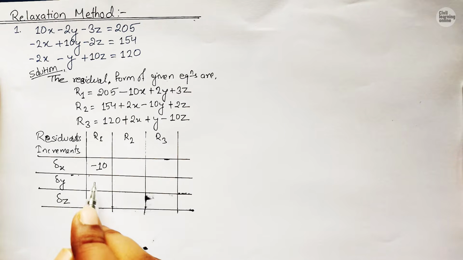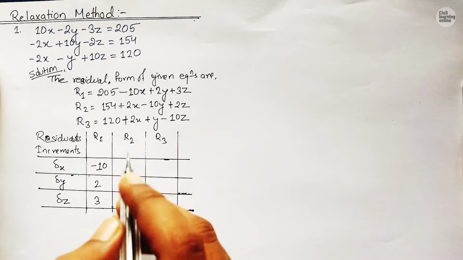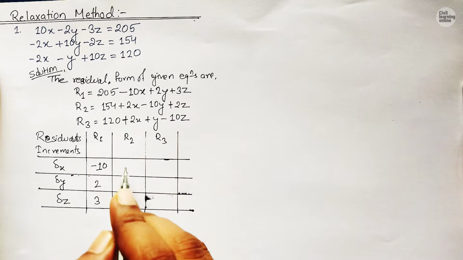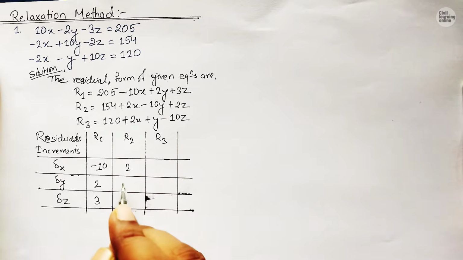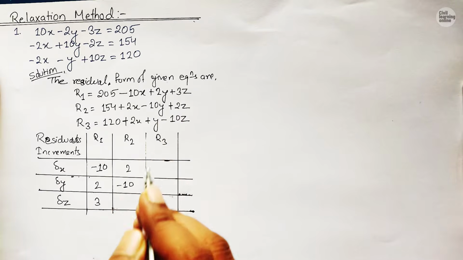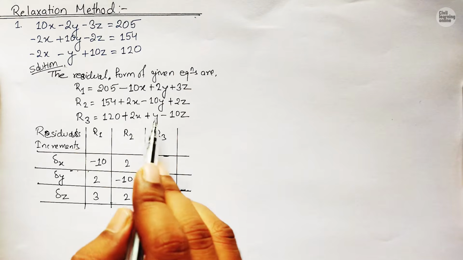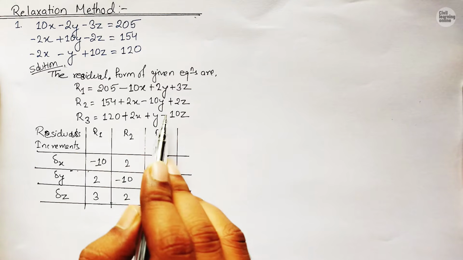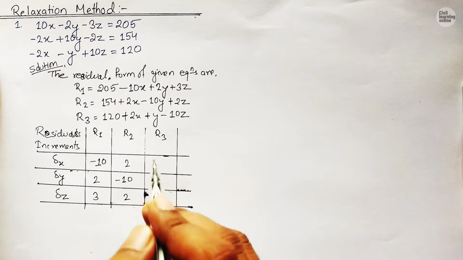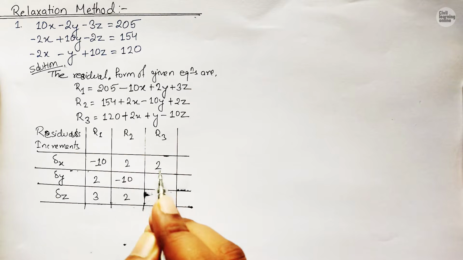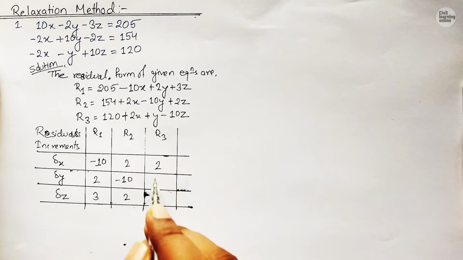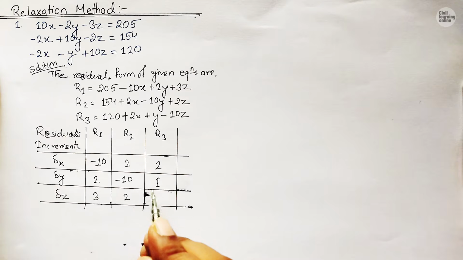So this is plus 2, so plus 2, and plus 3, plus 3, plus 2z, plus 2x means 2, minus 10y means minus 10 and 2 means 2. Are you getting what I am doing here? We are writing rows to column, means horizontal to vertical. So we have plus 2y, so 2, plus y means plus 1 and minus z.